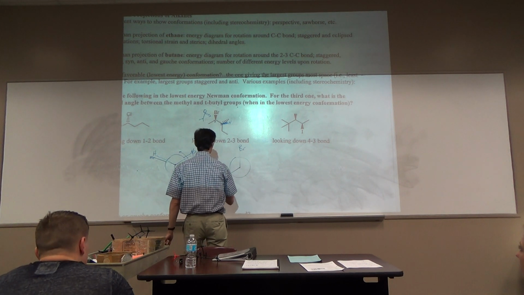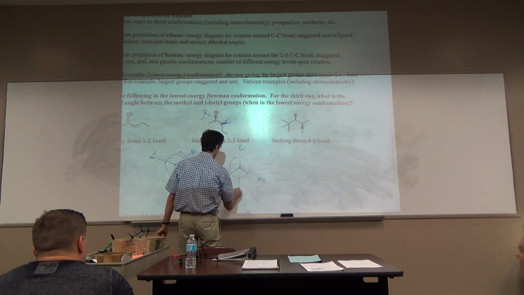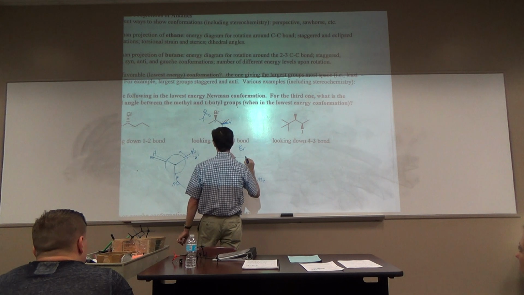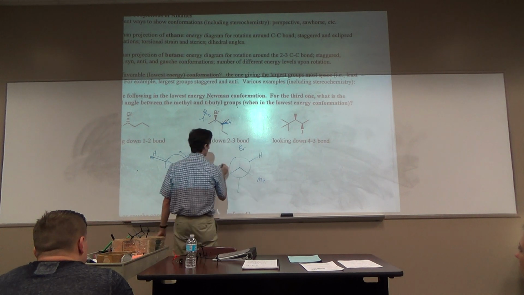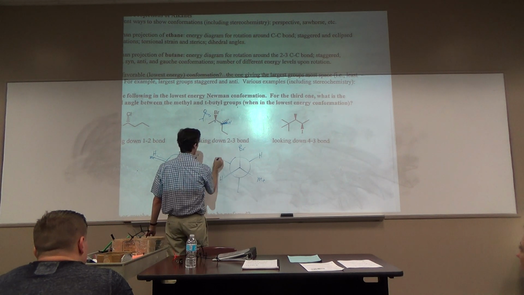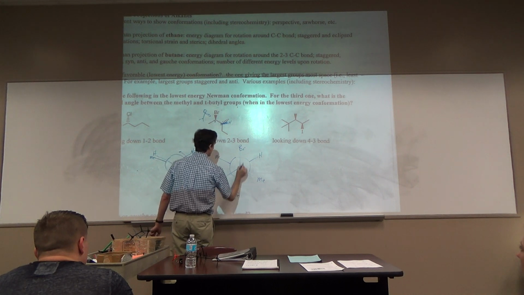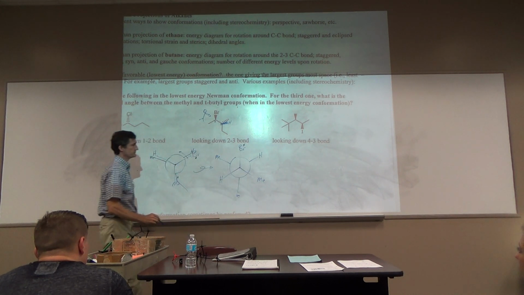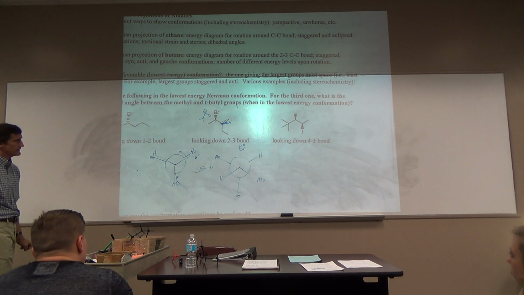That puts the H here, the methyl here. We did not rotate the back, so the ethyl's there. The H is here. And what else is on the back? The methyl. We got two methyls, one on the front and one on the back. Now the bromine and the ethyl are anti. Yes, the original is sort of in an eclipse. Bromine, ethyl, anti.